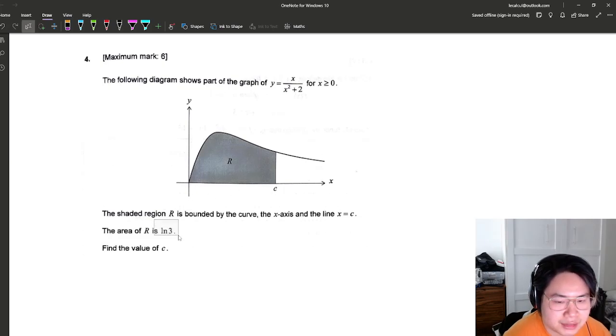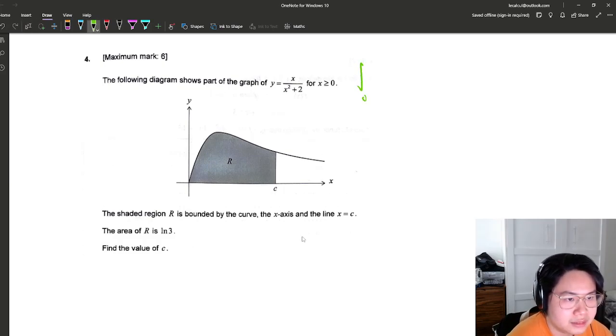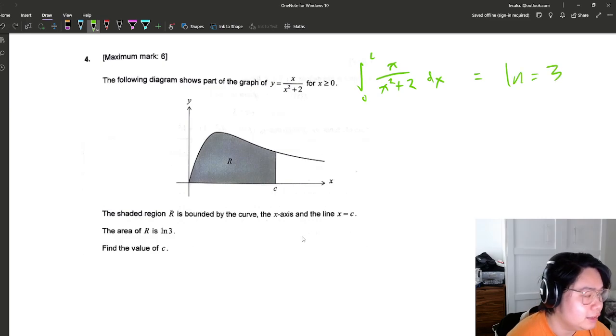The area is natural log 3, and then we need to find out what value c is. Okay, so we're going to integrate from 0 to c of this function. And then we'll equate this to natural log 3 and then go from there.